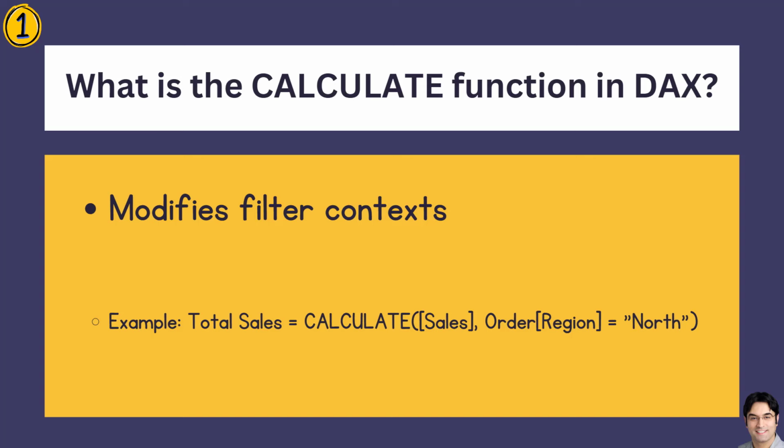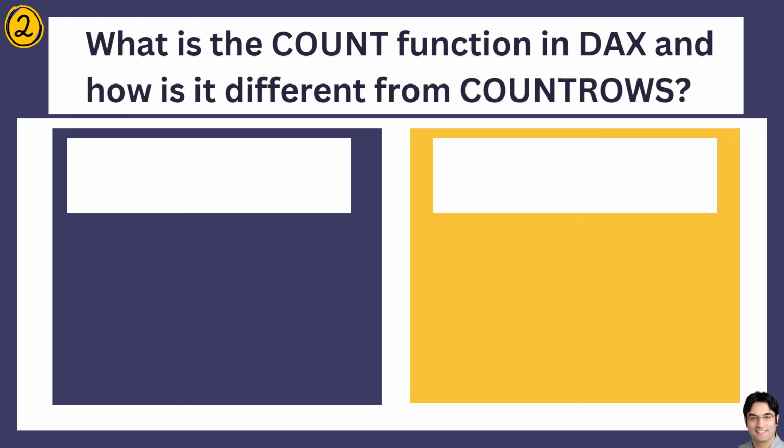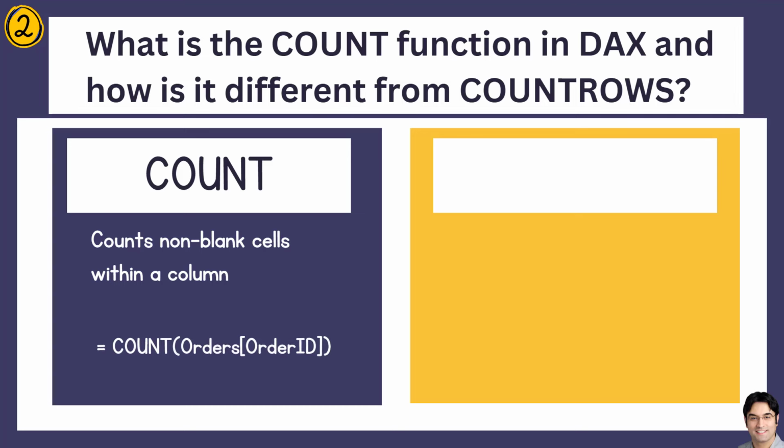Now that we've tackled that, let's step up the complexity a little bit with our next question. Question number 2. What is the COUNT function in DAX, and how is it different from COUNTROWS? Now here's how I would answer this question. The COUNT function in DAX counts the number of non-blank entries in a column. For example, COUNT(Orders[OrderID]) tells you how many orders have an order ID.